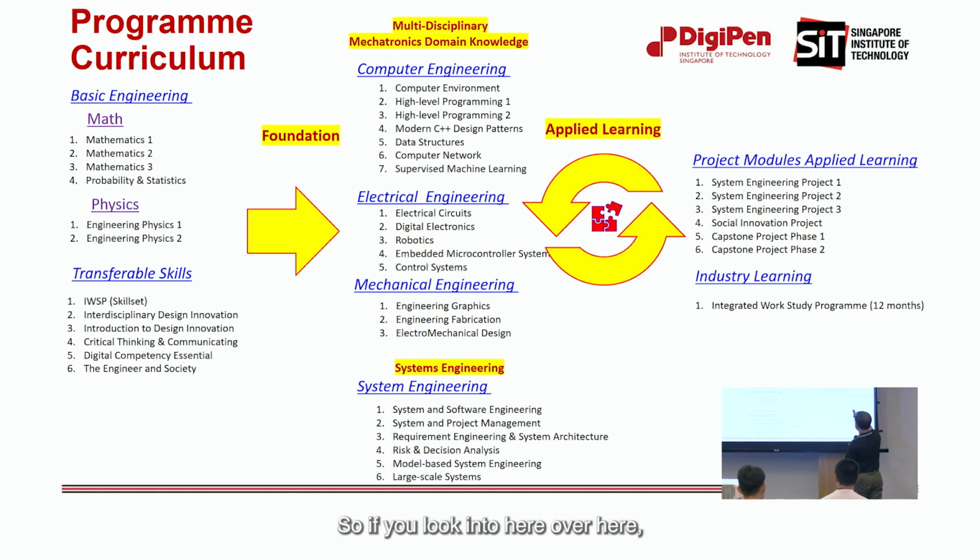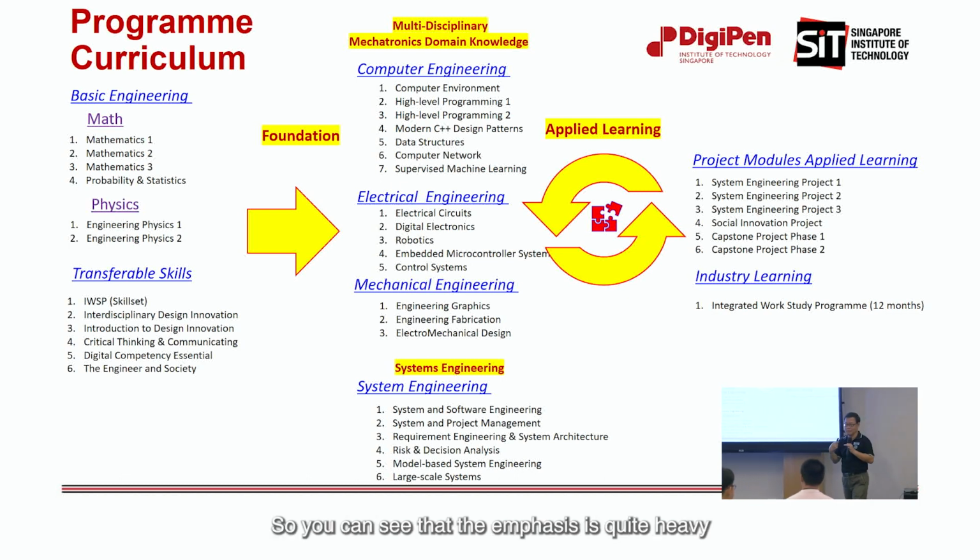Over here, these are the project modules. You can see that the emphasis is quite heavy on project modules, for example the system project modules 1, 2, 3, capstone 1, 2, and so on. The autonomous robots we showed earlier are part of these project modules. I think Dr. Tang will talk more about this.